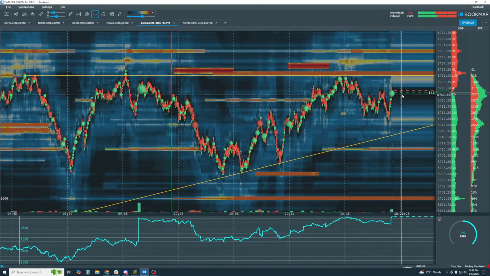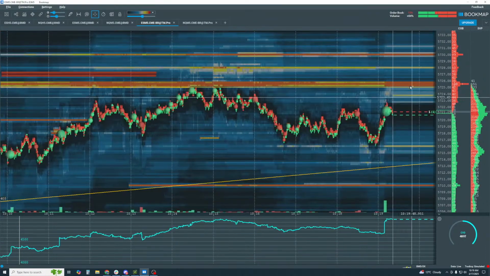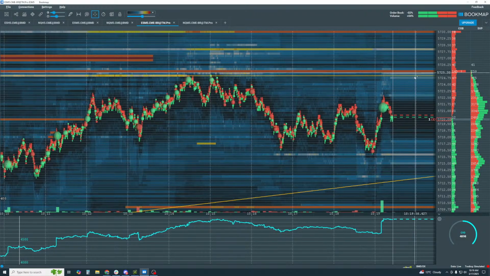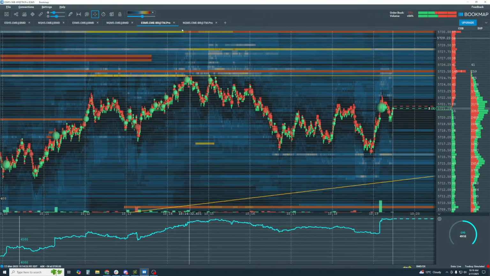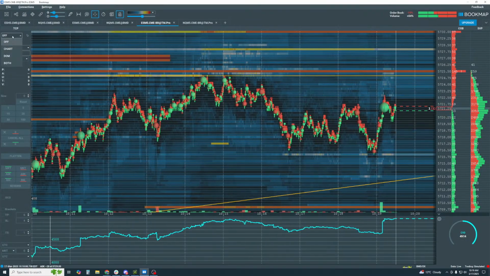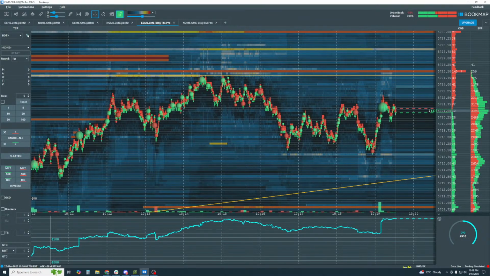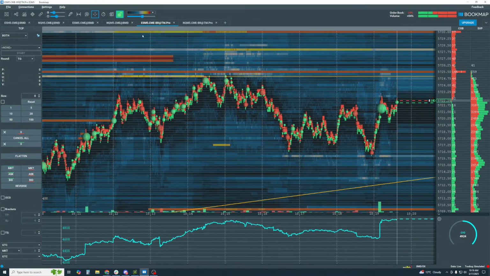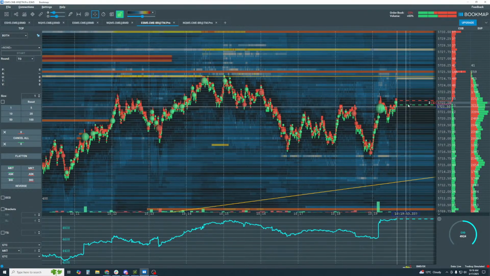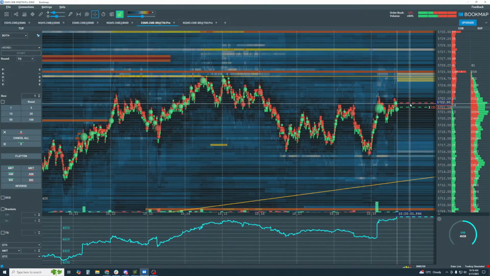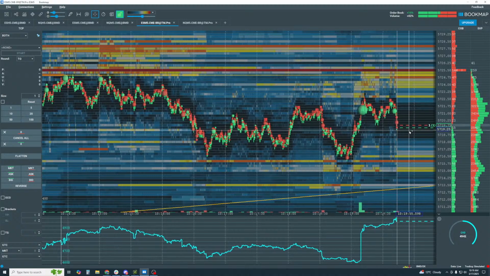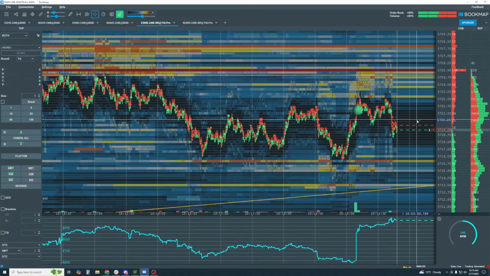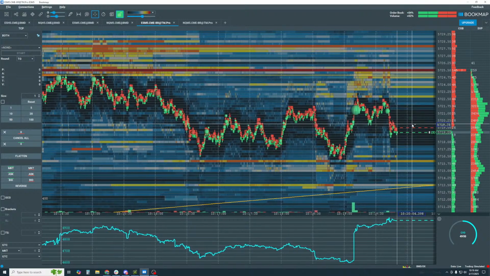So here we go. Here come some buyers right now. Let's see if we get a bit of a pullback and then a retest back up to 25. Okay, and we can turn on our chart. Right, so getting a pullback here, and let's see if we get some buying interest coming back in.